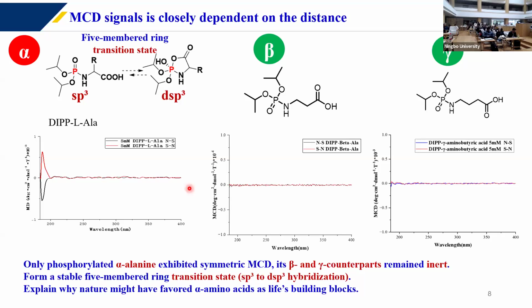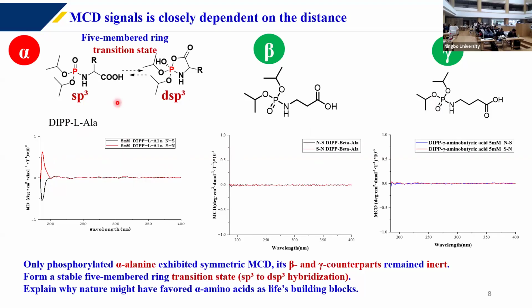Next, we synthesized and tested three phosphorylated variants. The experiment revealed that only this DIPP-L-alanine has obvious MCD signals, and its beta and gamma counterparts remained inert.